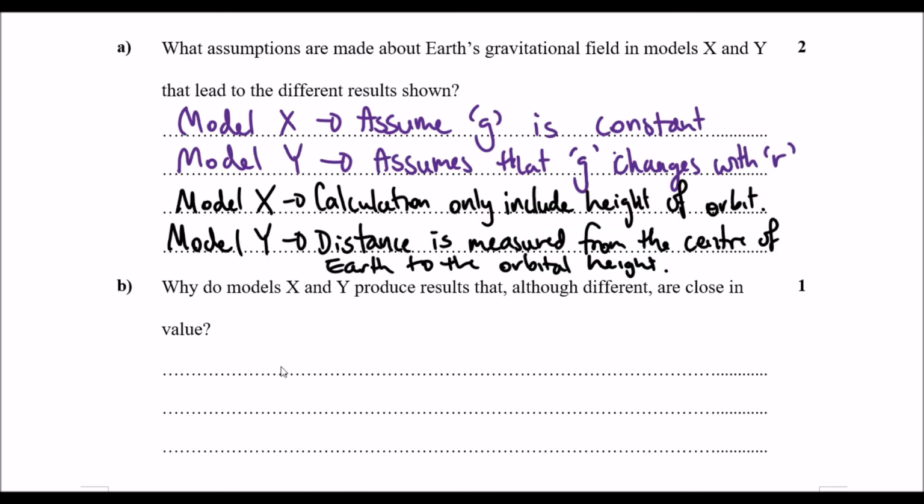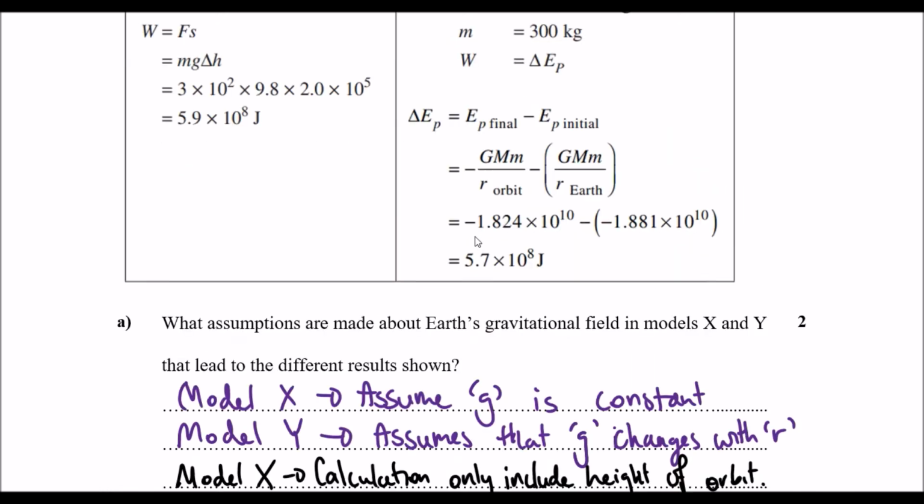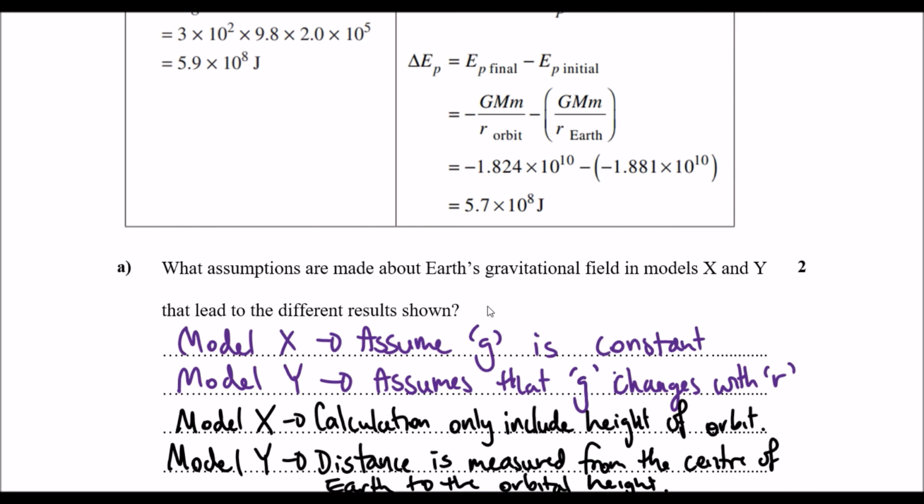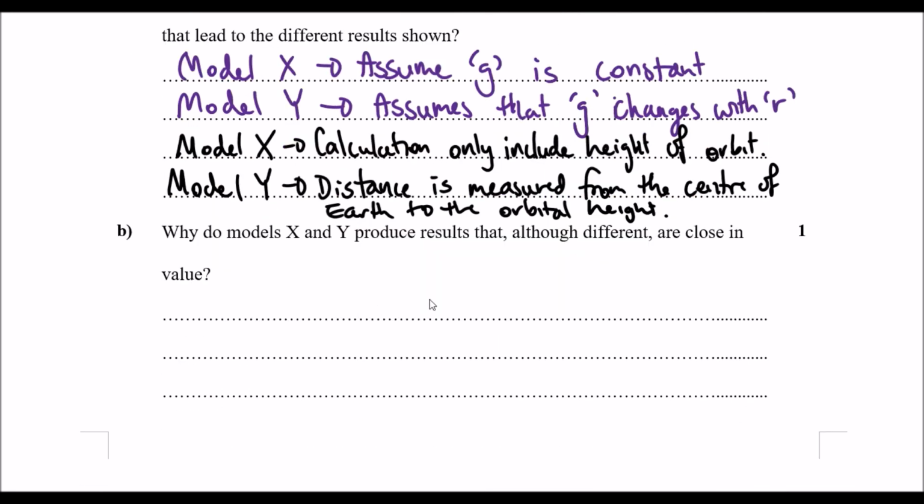The other way of putting it is at 200 kilometers, any variation in G isn't very large. So that is also the case here. Obviously, the height difference should be accounted for when we do the calculations, but the value of G shouldn't vary that much.